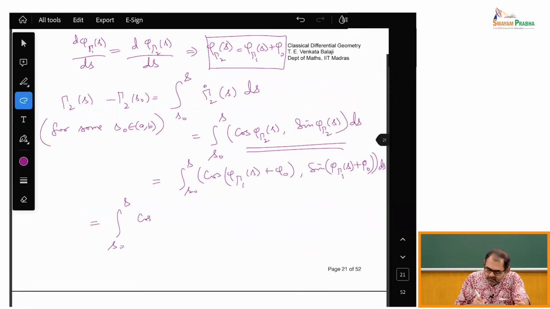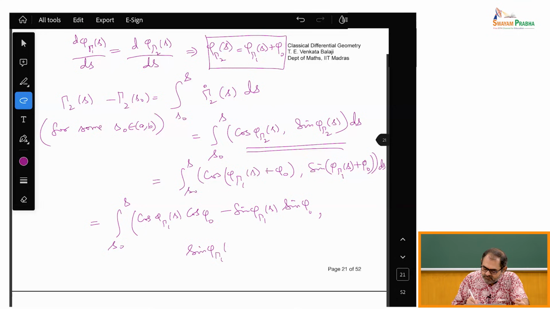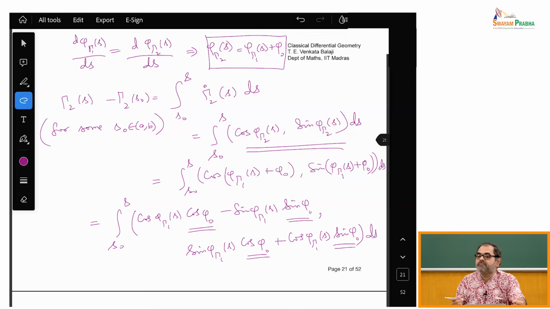I will get cos phi gamma 1 s cos phi naught minus sine phi gamma 1 s sine phi naught in the first component. The second component I will get sine phi gamma 1 of s cos phi naught plus cos phi gamma 1 of s sin phi naught, ds, and what you have to notice is that this cos phi naught and sin phi naught are constants, okay.